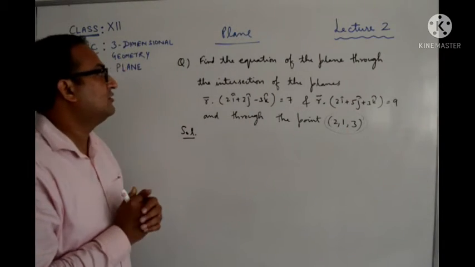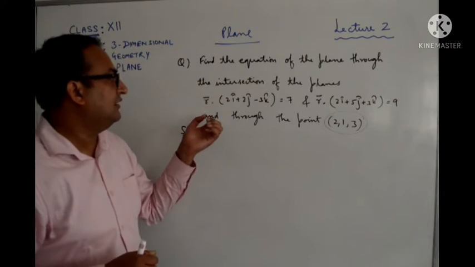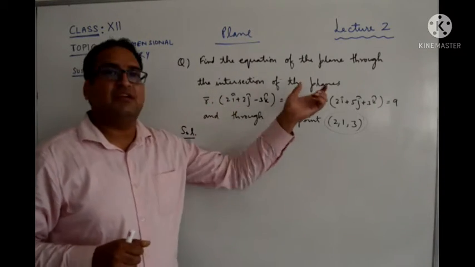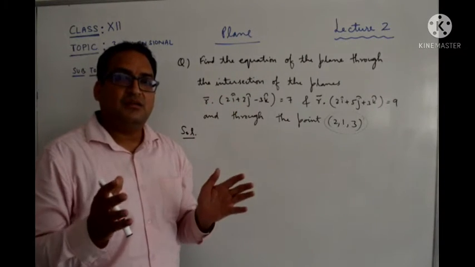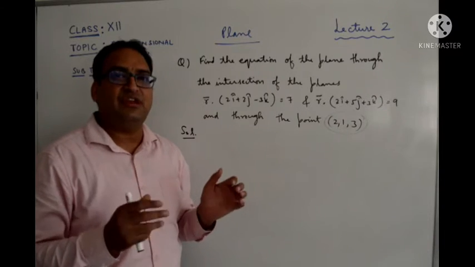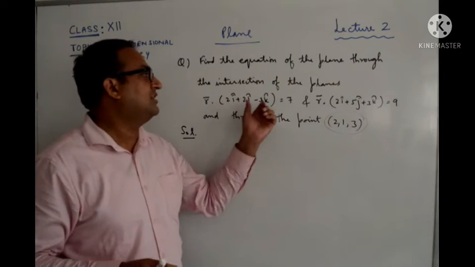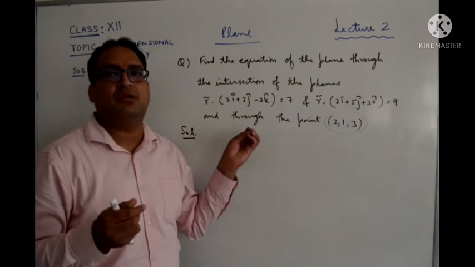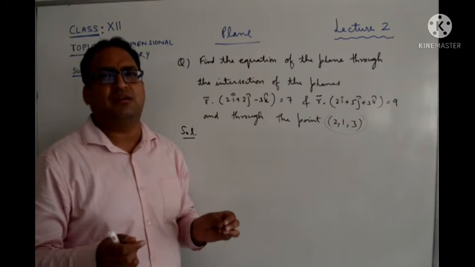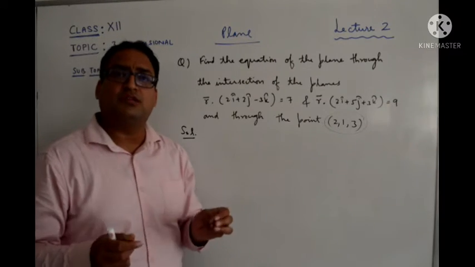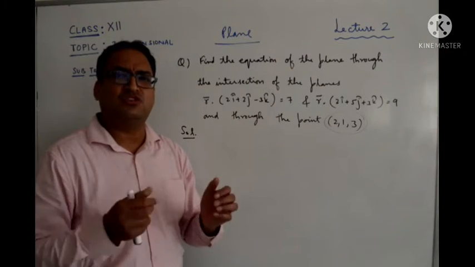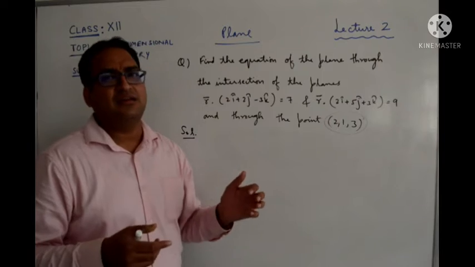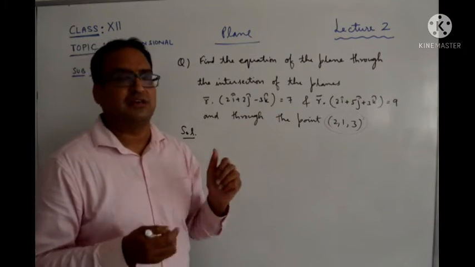its equation. So although the equations of the planes are given in vector form, I personally feel we must convert these equations into Cartesian form. As you know, solving this problem in Cartesian form is much simpler than solving it in vector form. You will find so much difficulty using vectors in this type of question.